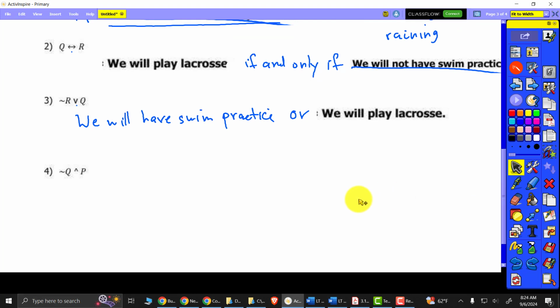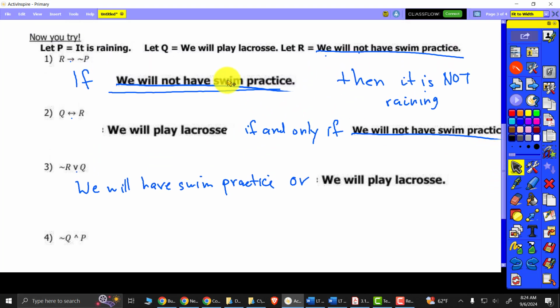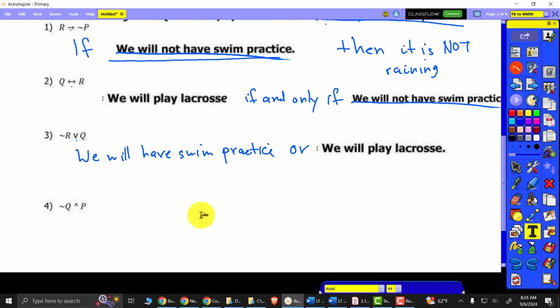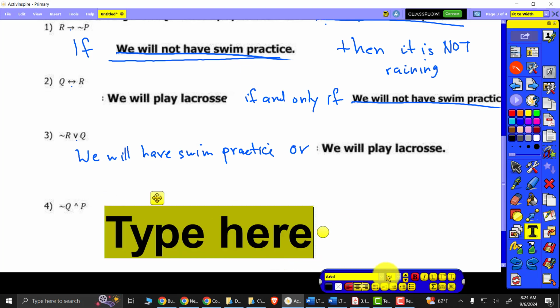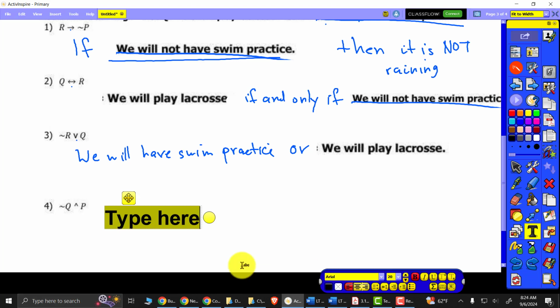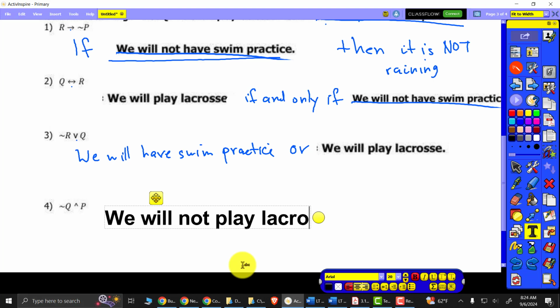All right. Number four, go ahead, your turn. Yes, not Q, meaning we are going to negate we will play lacrosse. So how do we negate this one? We will not play lacrosse.